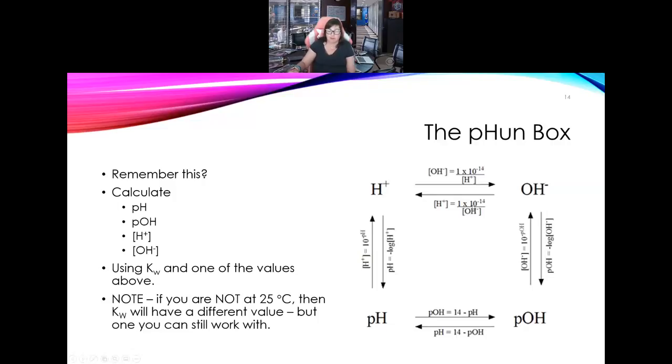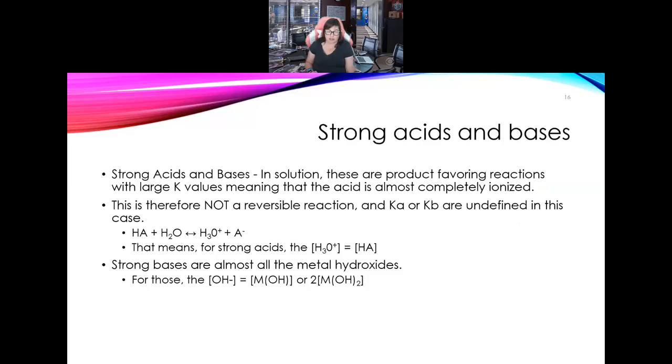If we're at a different temperature and you get a different Kw, you can substitute that Kw in here and still use these expressions. You just have to remember that you need a different K to do that. All right? So that's that.